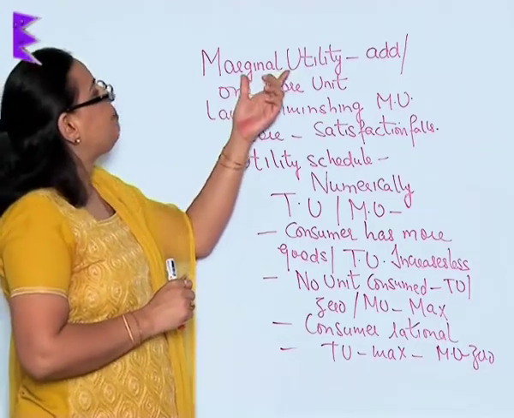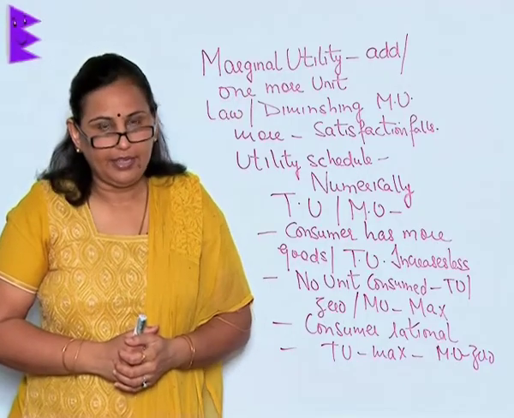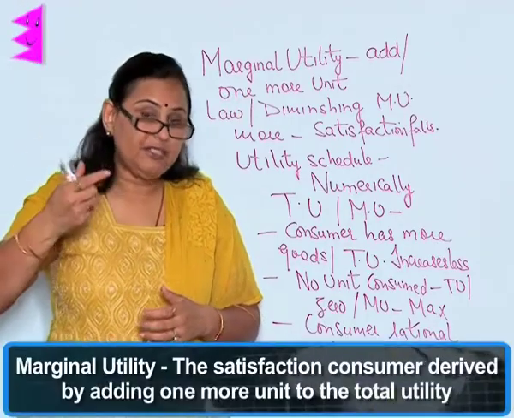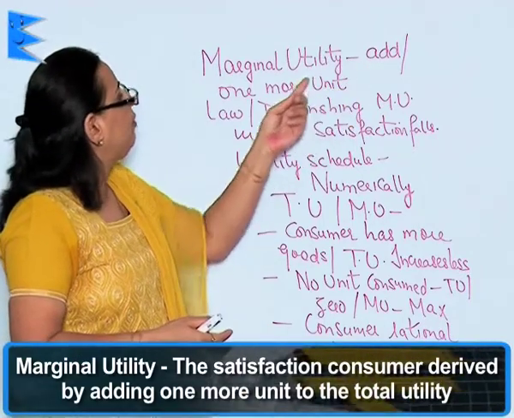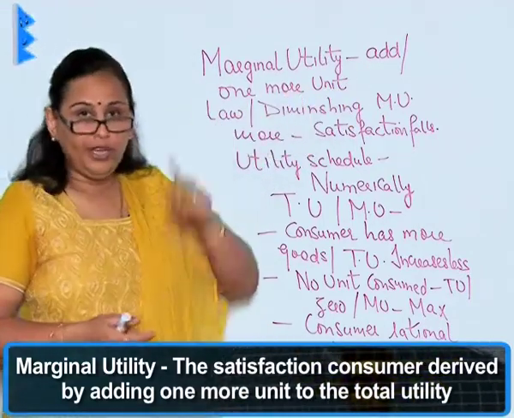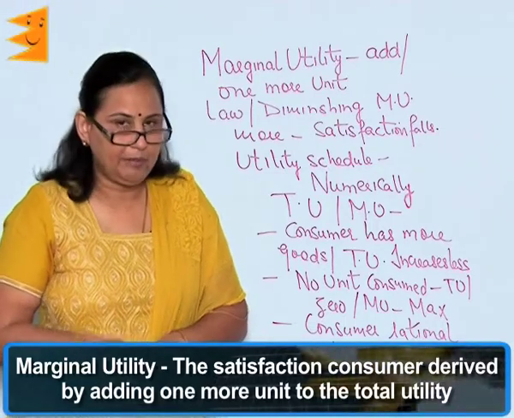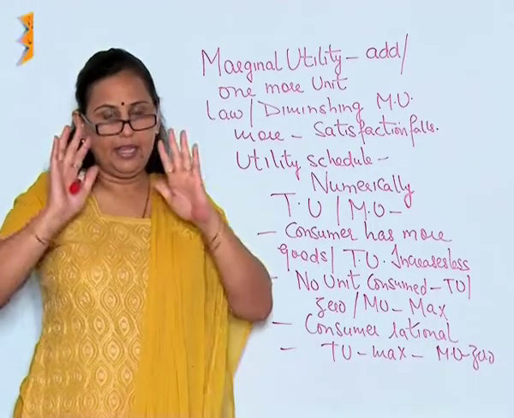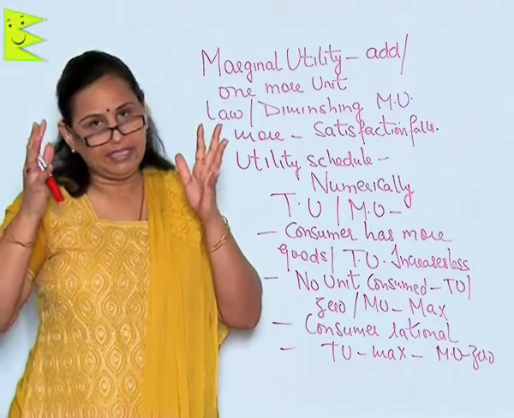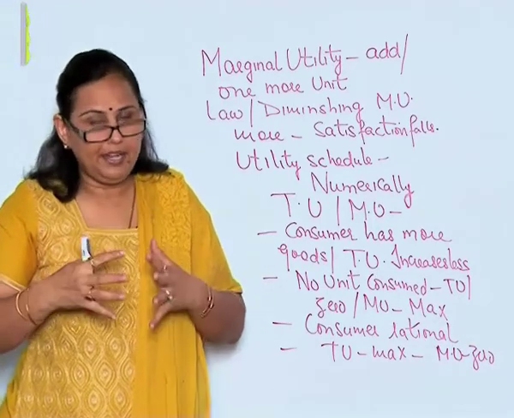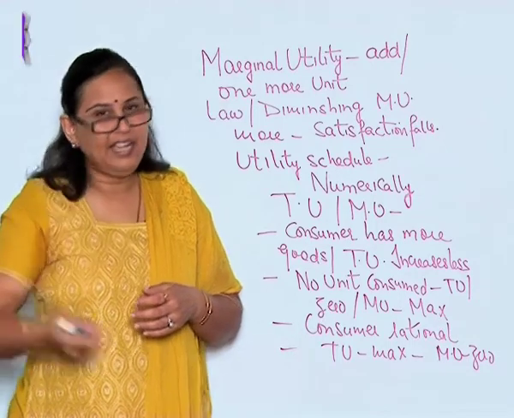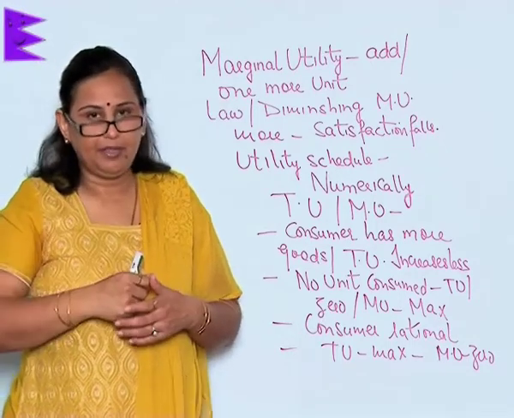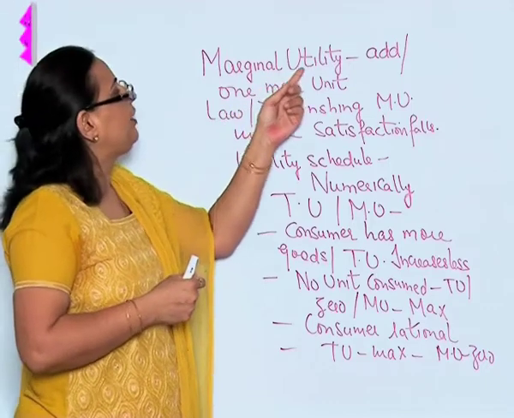But next is the marginal utility, that is the satisfaction that you derive when you add on one more unit to the total utility. For example, if my need is 4 ice creams, but I still take one more ice cream, that will be the marginal utility.